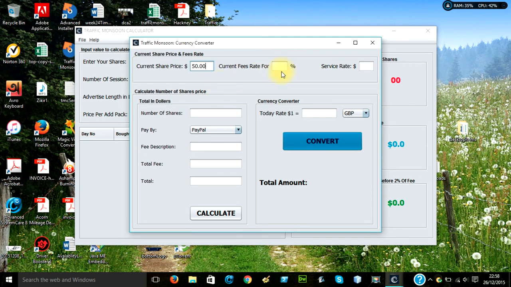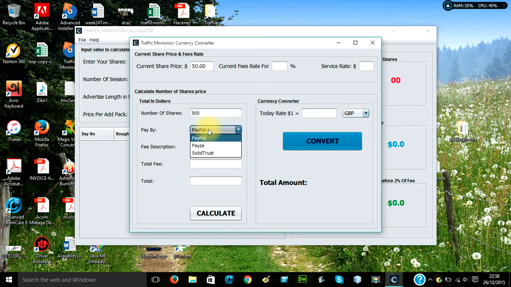You will see in a minute it will be filled out automatically. If you come a little bit down here you can see number of shares. If you want to start with 500 shares, you put 500 shares here.